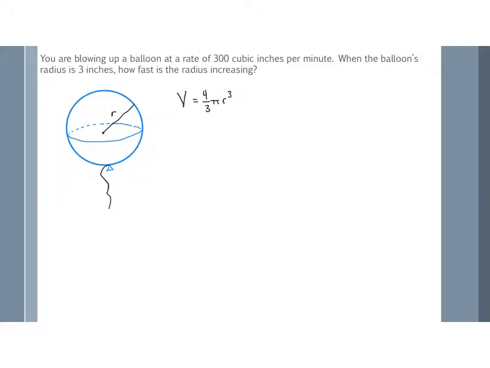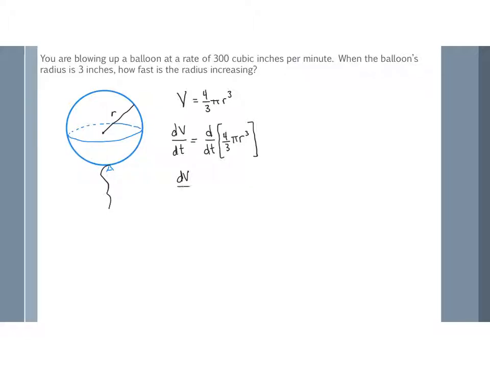And again, we will differentiate this with respect to time. So the left-hand side will be dV/dt, and then the right-hand side we have d/dt of 4/3 pi r cubed.